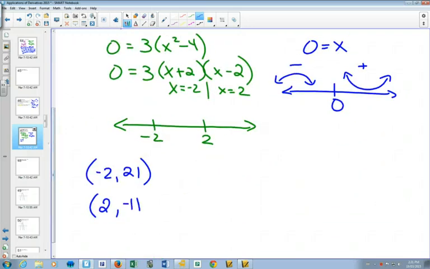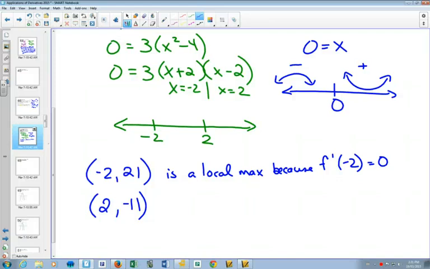Okay. So despite not doing the first derivative test to see where it's increasing and decreasing, we can say that negative 2, 21 is a local max because we know that f prime at negative 2 is equal to 0 and f double prime at negative 2 was less than 0.